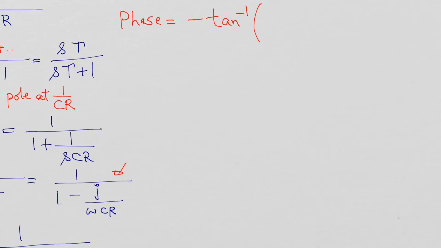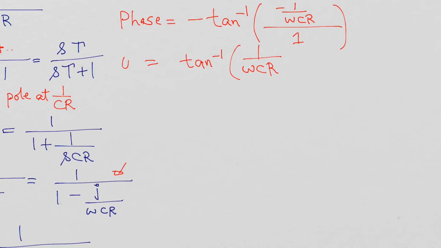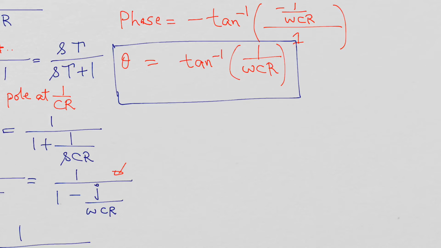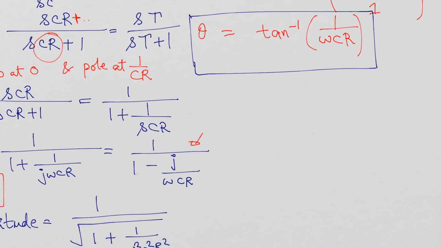The imaginary part is minus 1 over omega CR, divided by the real part, 1. Since tan inverse of minus x is minus tan inverse of x, the minus comes out and becomes a total plus, so tan inverse of 1 over omega CR. This is the phase theta, and let's put a box around it. Now you can calculate the table for that.